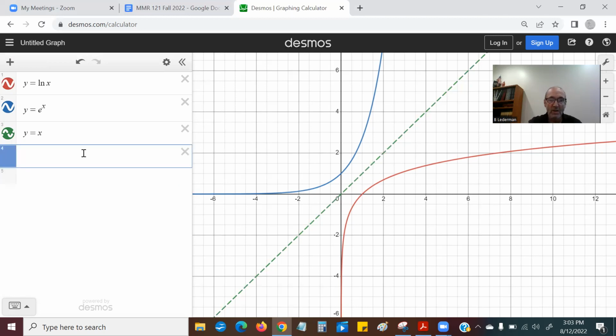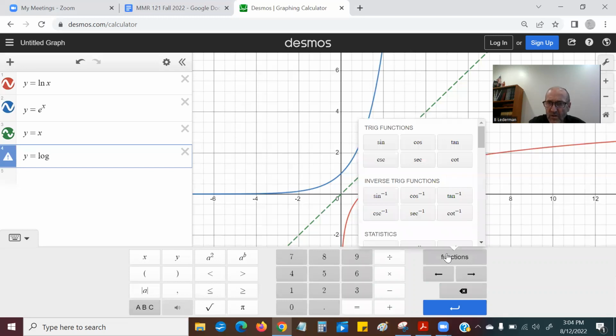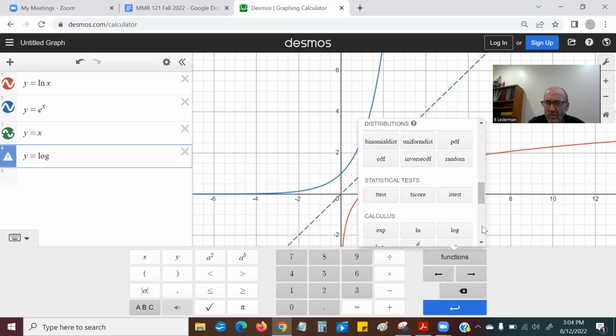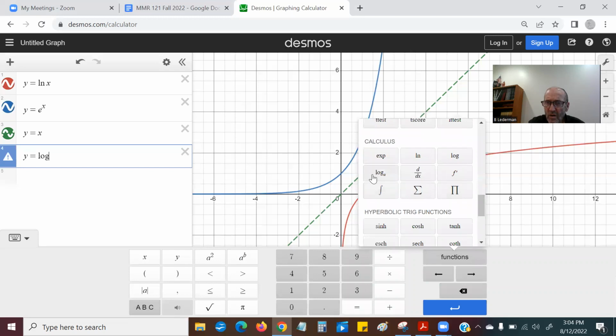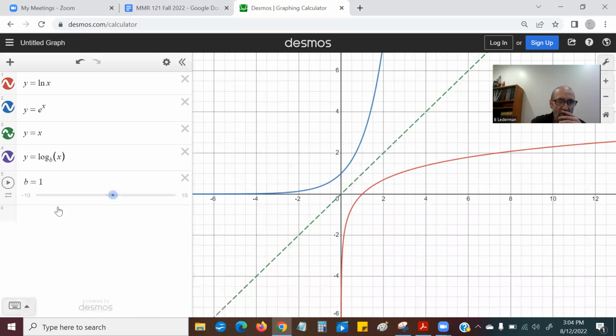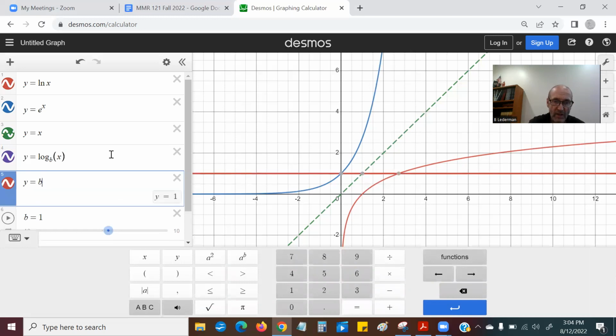Suppose I would have chosen y equals log base b of x, and then over here I'm gonna put y equals b to the x.